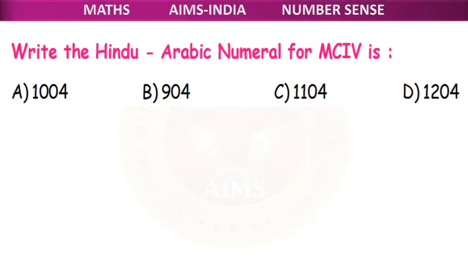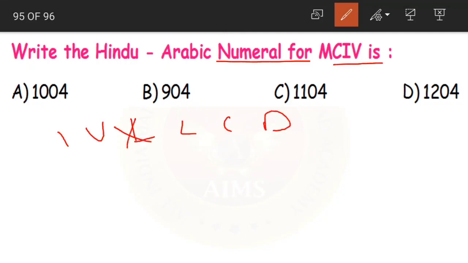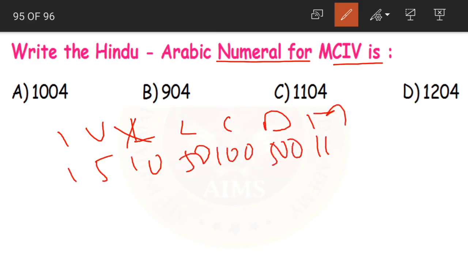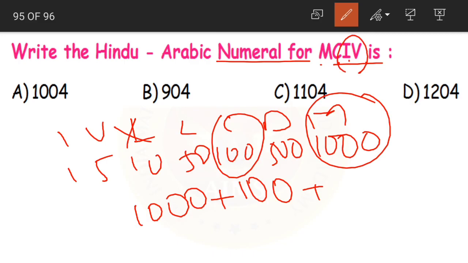Clear children? Next, the last question for today. Write the Hindu-Arabic numeral for MCIV. Again, IVXLCDM: 1, 5, 10, 50, 100, 500 and 1000. MCIV. M here means 1000. So 1000 plus C. C means 100. Plus IV means what children?